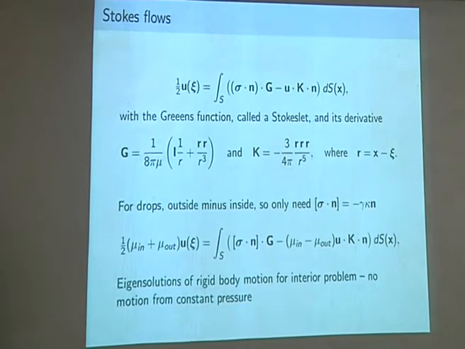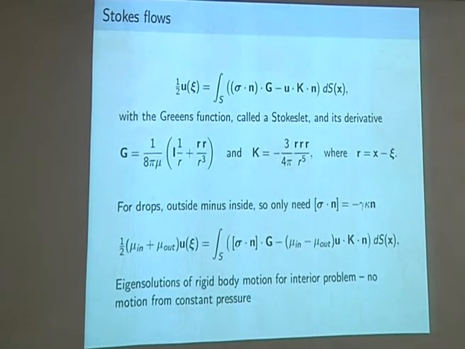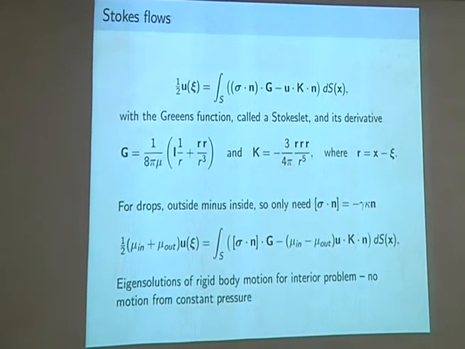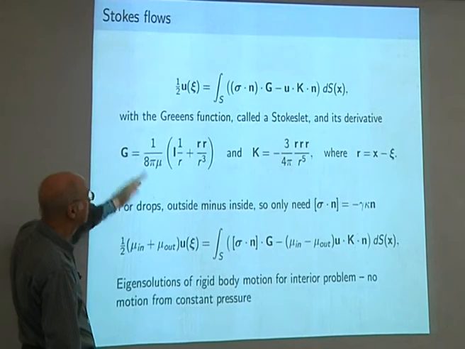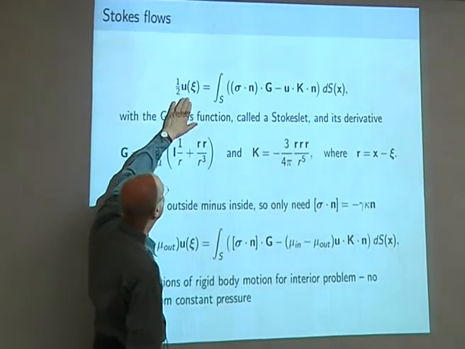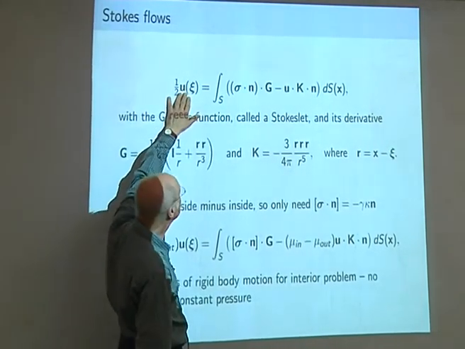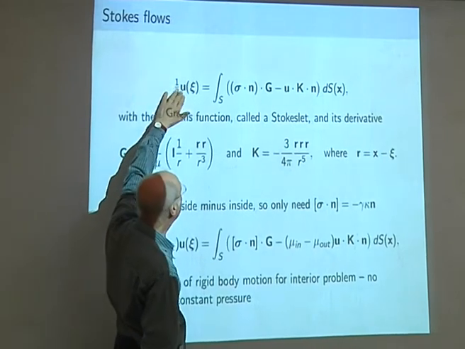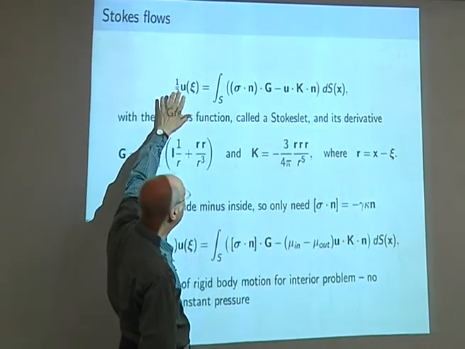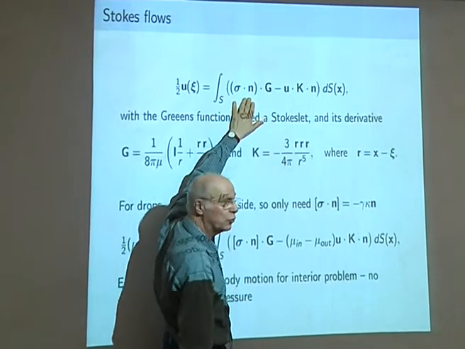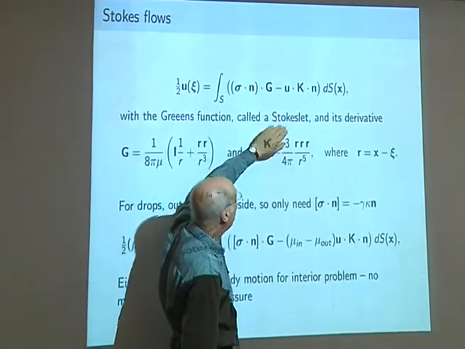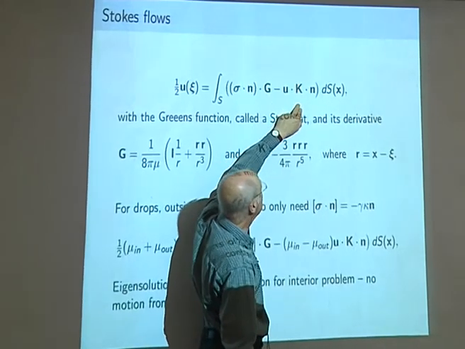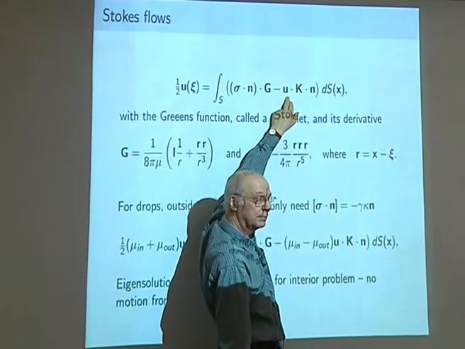The velocity on the boundary, the half comes from evaluating the boundary integral on the boundary, is the Green's function times the forces on the boundary, the surface stress on the boundary, and the gradient of the Green's function times the velocity on the boundary.